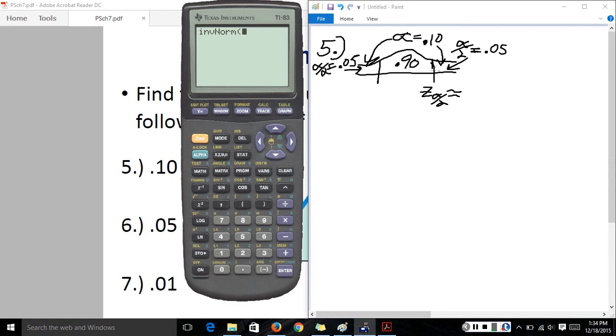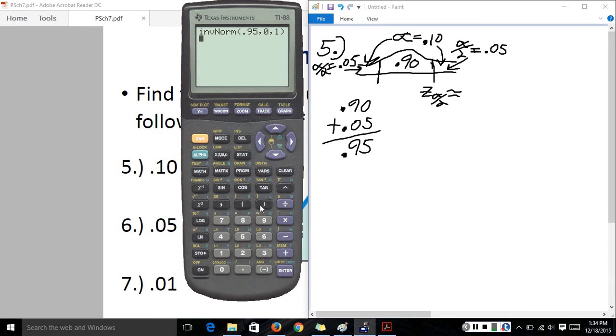Now be careful, I need the entire area to the left of the z-score, so that would be 0.90 plus 5% more, 0.95, comma, the mean, 0, because it's a standard normal distribution.